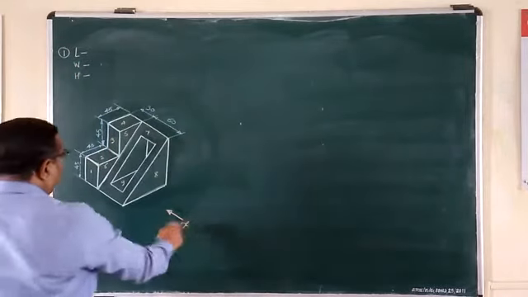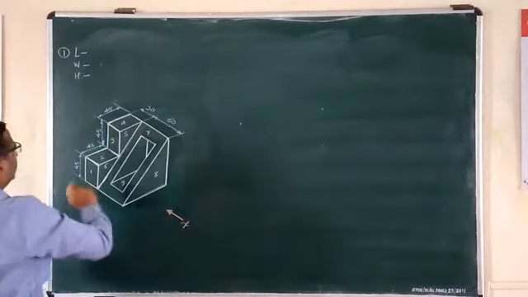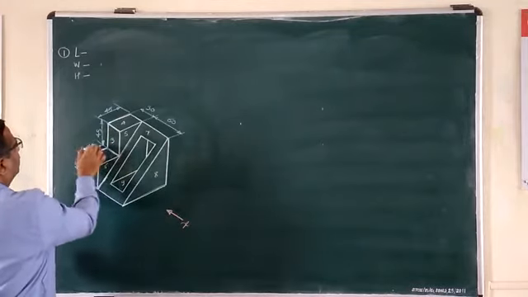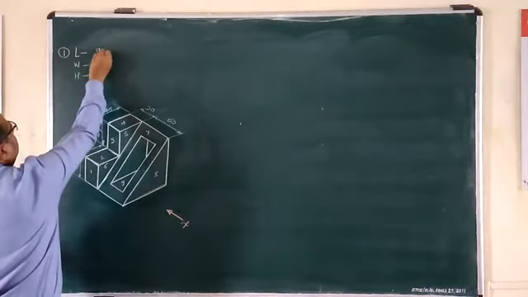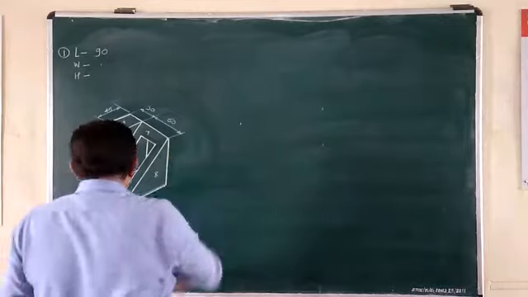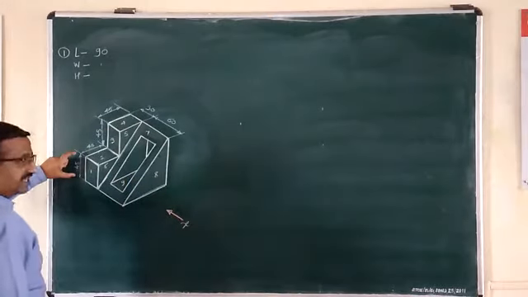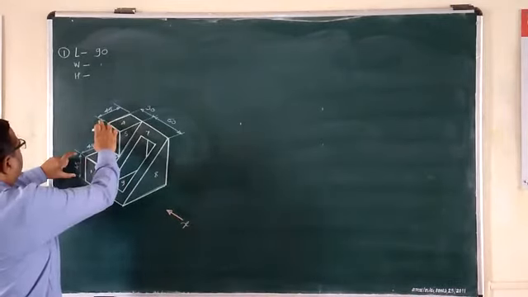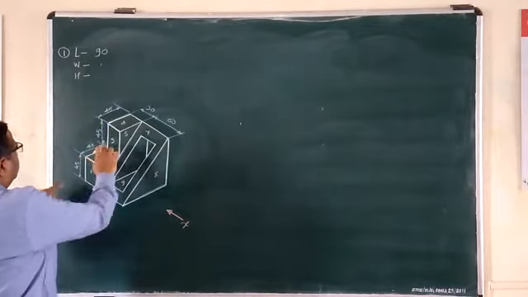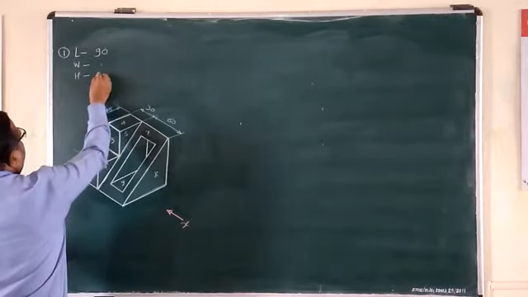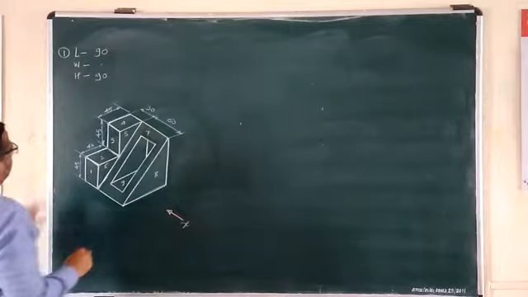So in the direction of x, this will be the length: 45 plus 45, so the length is 90. Height is again the same. One vertical segment is here, another vertical segment you have to add. The sum of this is altogether a height of 90 mm.